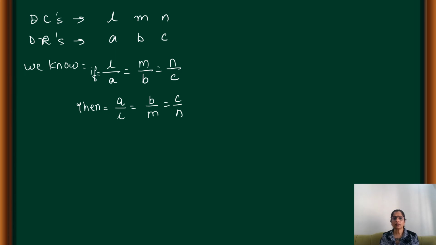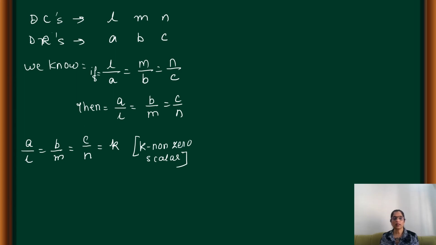So let us take the second part. Let A by L equal B by M equal C by N, and let's say this is equal to some value K. What is K? K is a non-zero scalar, some constant like we used to say before.